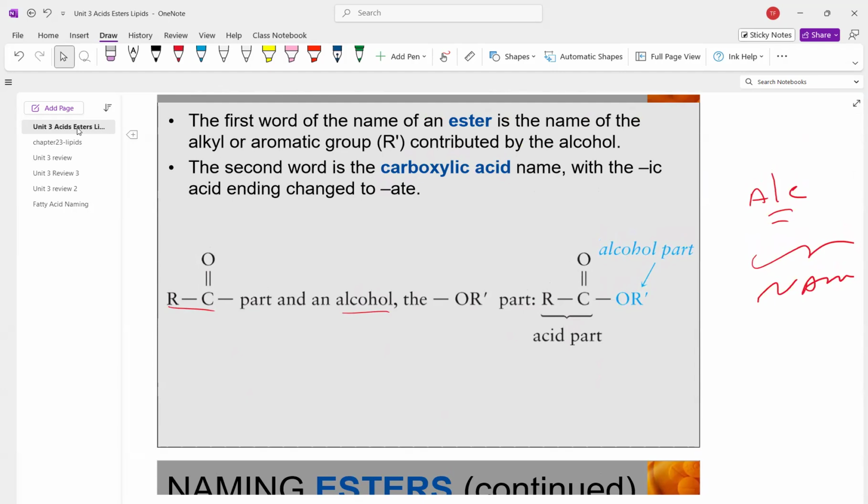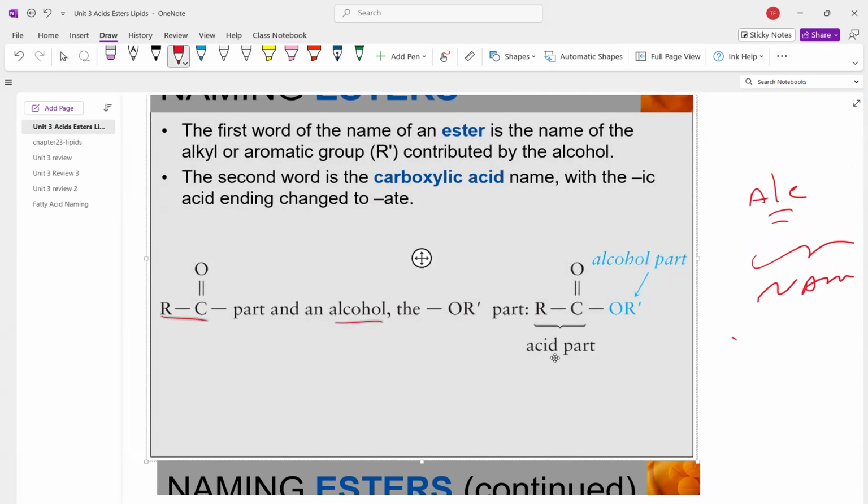You name the alcohol first, and the alcohol is considered the secondary. The acid part is the primary backbone. Just like with acetals and ketals, you have primary and secondary backbones.